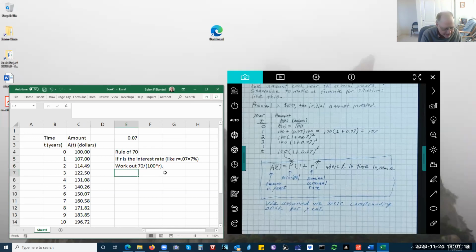So in this case, that's 70 divided by 7. 10, okay.